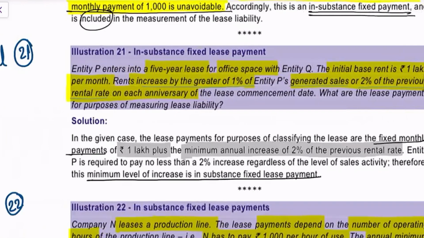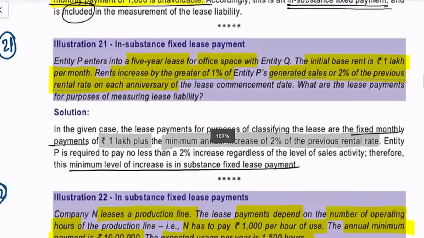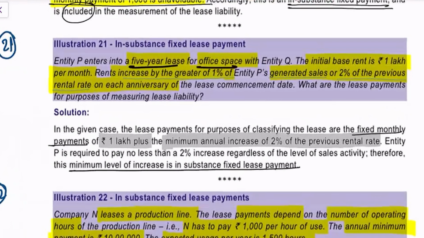Next is illustration number 21, where they are telling you that you have taken an office space for a 5-year lease. Here the initial base rent is 1 lakh per month. So every month you have to pay 1 lakh, and the rents will increase.